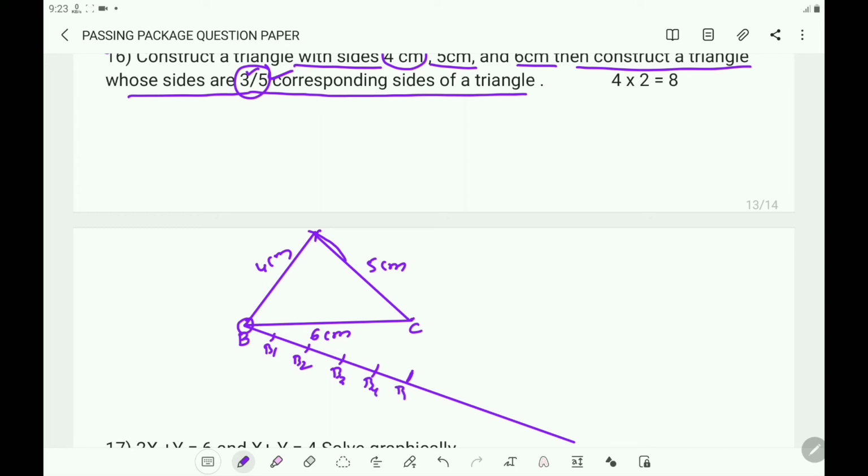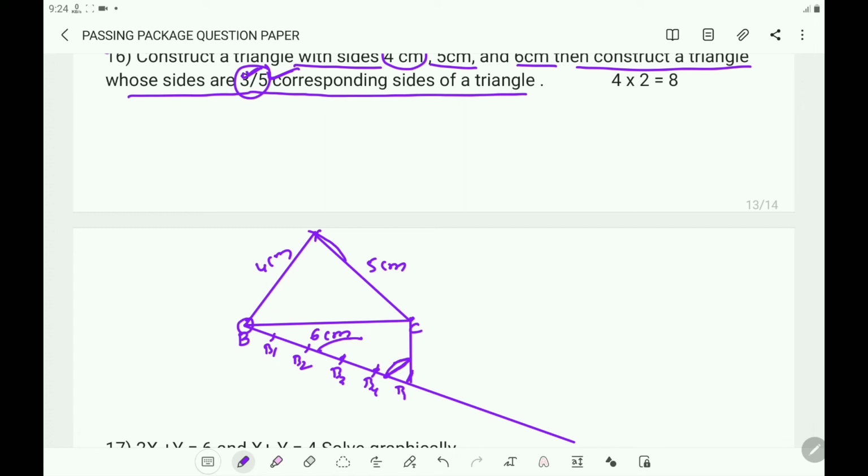So as there is 5 in the denominator, join the fifth part to the C. After that, here draw the line parallel at the point B3. You come to this 3 and draw the line parallel. You know the method of drawing. Here you draw an arc. Here also you draw an arc with the same radius and find the distance here. This distance, that is by the compass only.